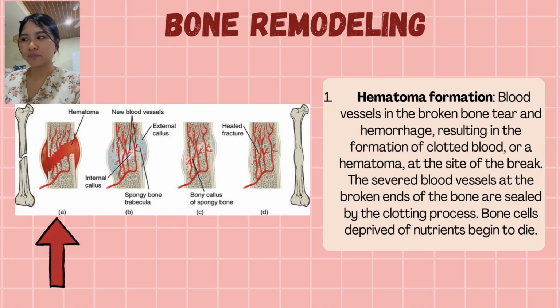Now onto the next part, which is the physiology of the bone, that is the bone remodeling. So bone remodeling is a continuous process that allows bones to repair and adapt to stress. The first stage is hematoma formation, where the blood vessels rupture and a blood clot forms at the fracture site.